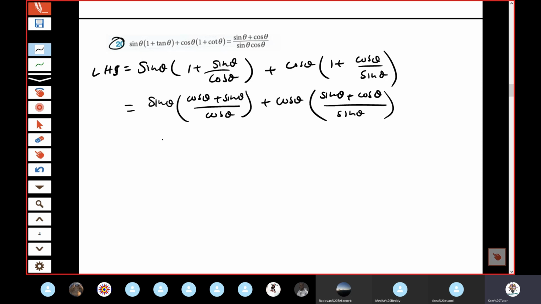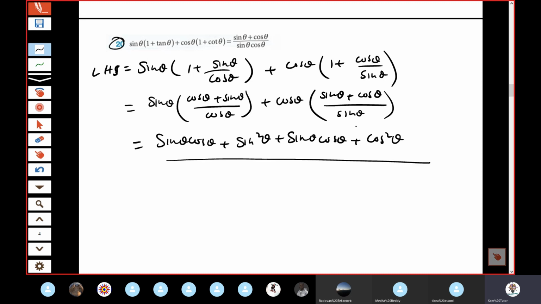Then I think at this stage, I would first expand the numerator. So you get sine cos plus sine squared plus sine cos plus cos squared over cos over sine. At this stage, again, you can tell from the right-hand side, it's a common denominator again.